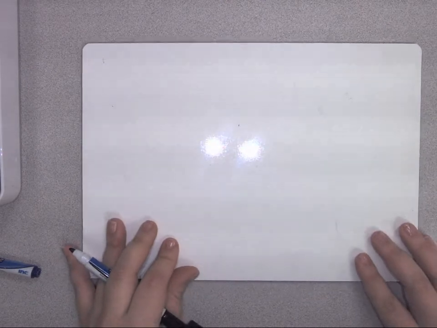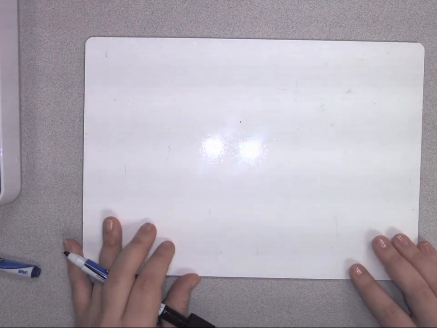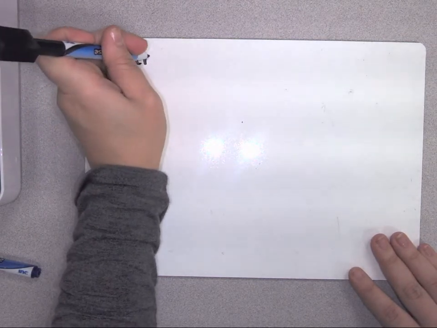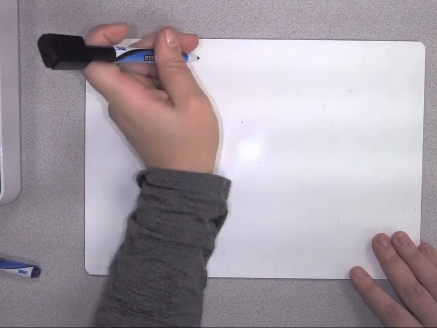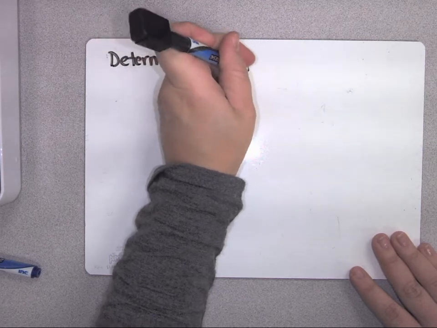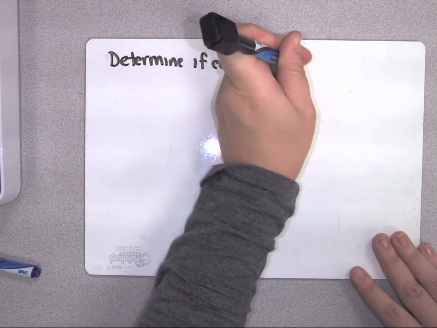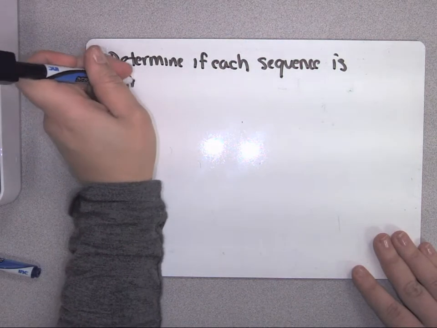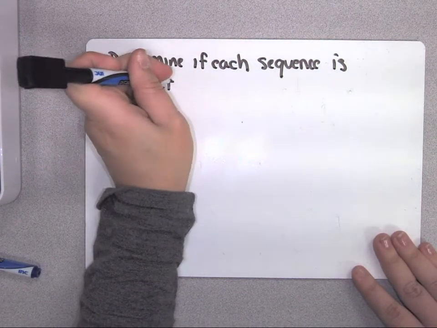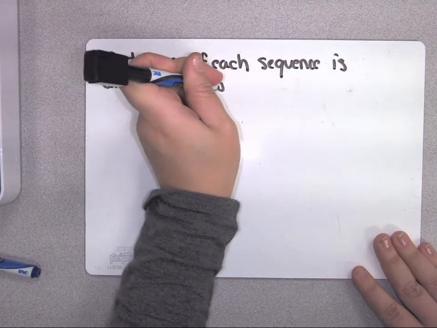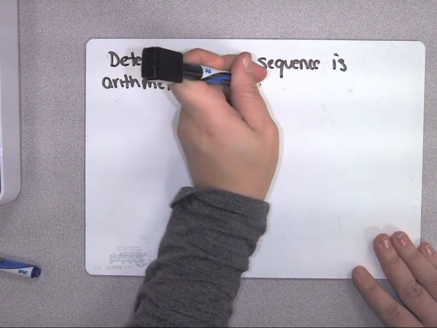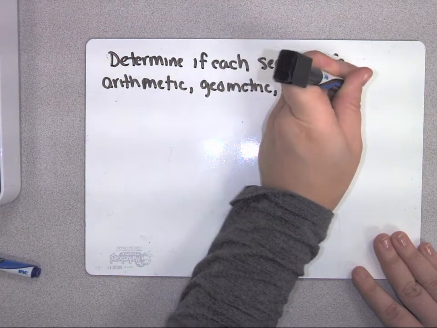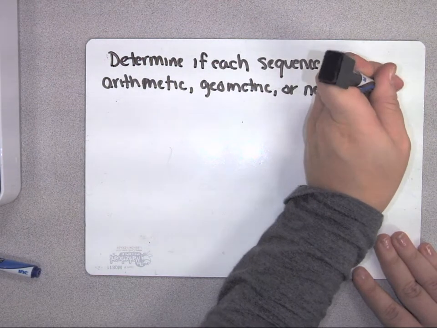First part says, determine whether each sequence is arithmetic, geometric, or neither. Then it says explain.